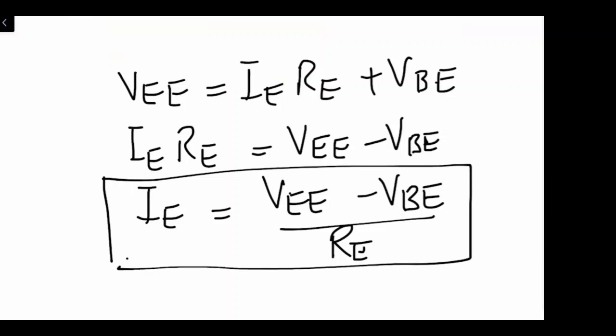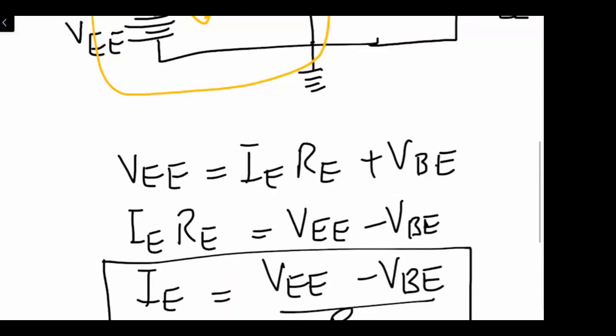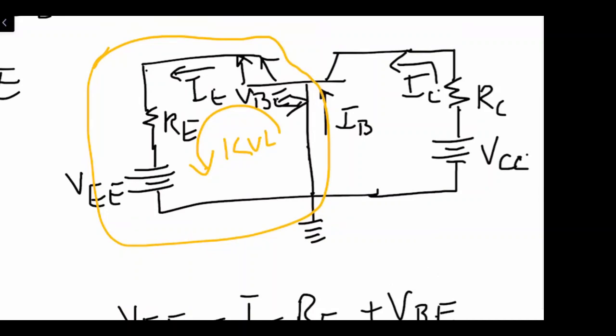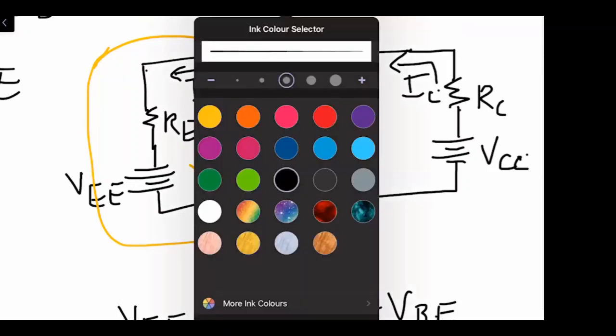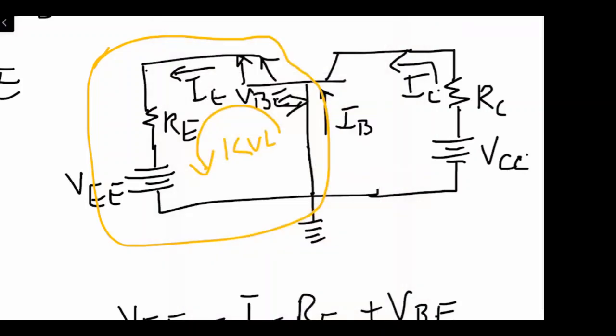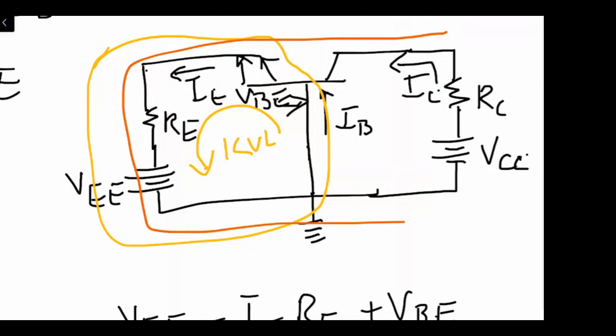Now if I apply it to the same circuit, if you see we have an outer loop in the circuit as well. So we can have the outer loop which is going like this.